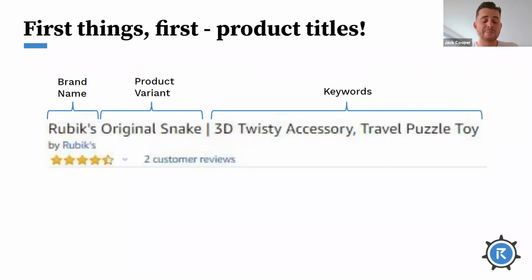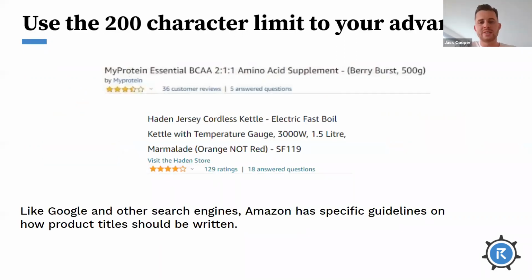Recently, they brought in a rule that the title has to lead with the brand name and then the product variant, and following that, the keywords. Now, I'm just showing two examples here. The top title is My Protein, and the second one is from Hayden, which has a number of cookware products.